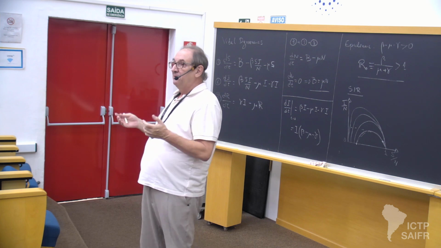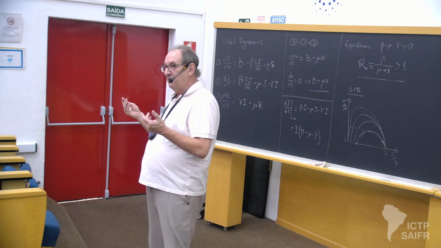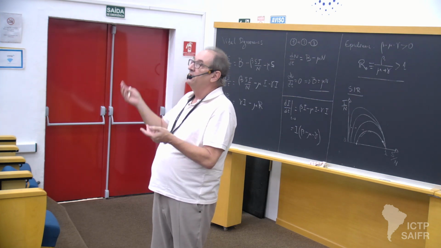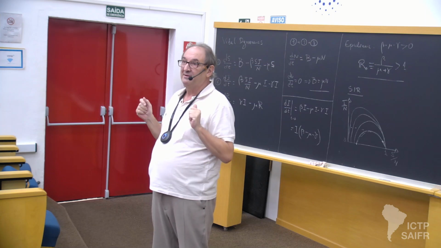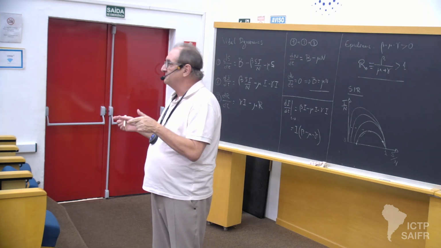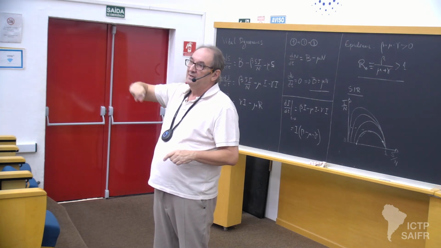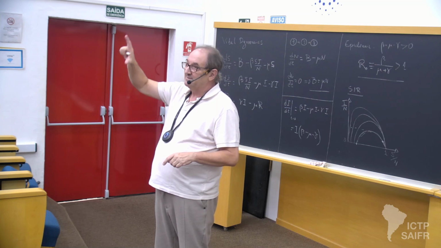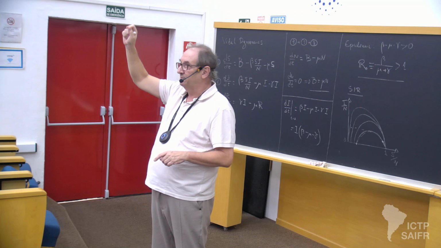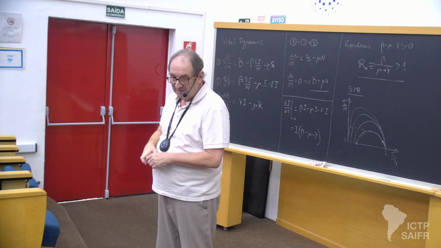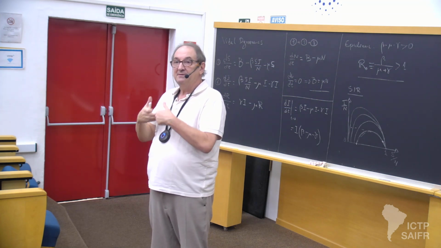For instance, yesterday we could actually, without solving the equation, calculate the total size of the epidemic, which is very important. Okay? And actually, we can also calculate the size of the peak of infected people. You can do this also. So you can do a lot of things without solving.